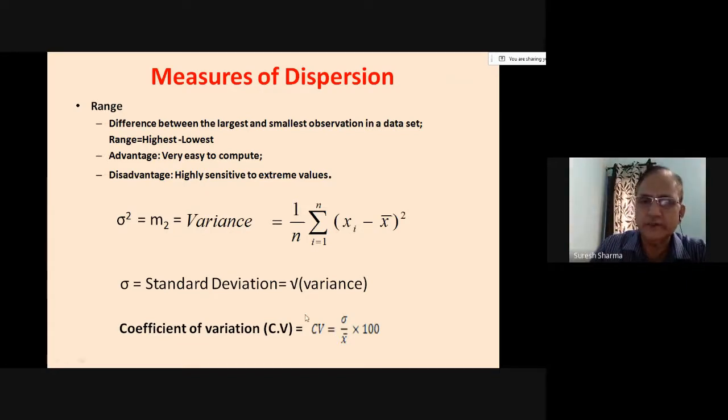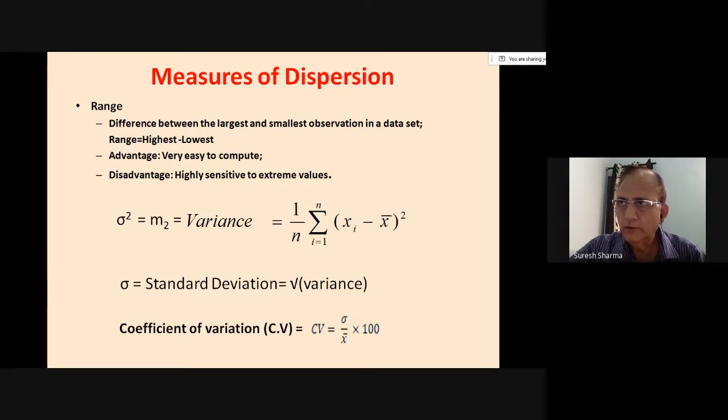Then there is another term which is called coefficient of variation. Now once we know the variance, why look at coefficient of variation? Suppose somebody gives me the data, one variable is height, another variable is weight. Weight is in kg, height is in centimeter.